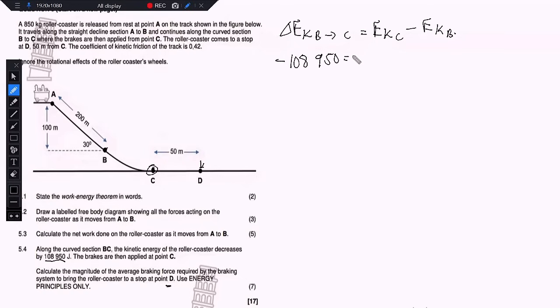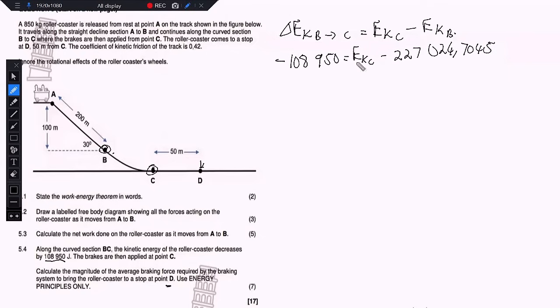But then what is the EK at C? We don't know the EK at C, right? But we do have the EK at B, because we calculated the W net between point A to B. So that's the one we got from the previous question, 227,024.7045.